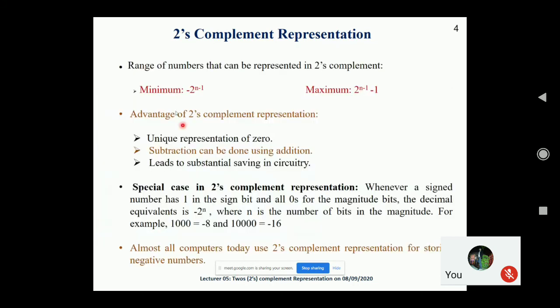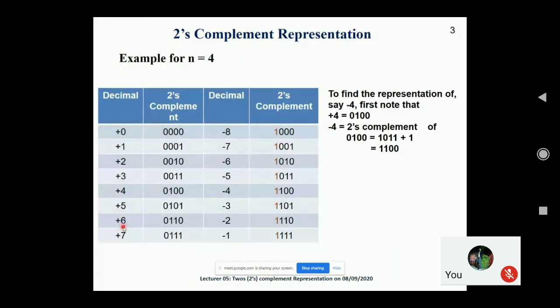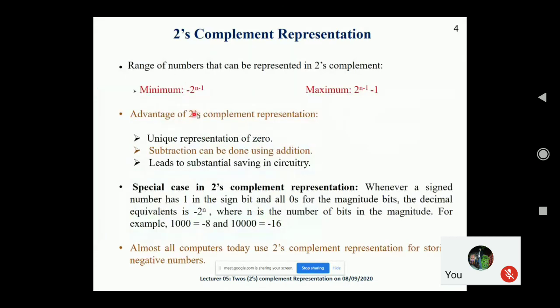Our minimum range starts from -2 to the power n minus 1, but the maximum is the same in two's complement and the ones complement, because here we are using 0 to +7. So can anyone tell me why the range is -2 to the power n minus 1? Anyone? I think because in two's complement we are adding another 1 to the ones complement. No. That is only the method.